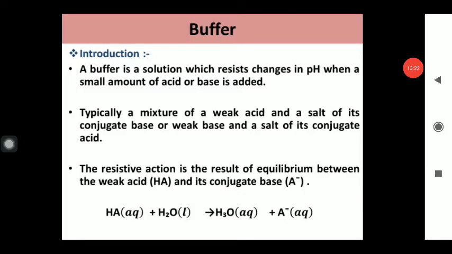In our blood the pH remains constant even when you add some quantity of water, or any salt or other compound. So any solution which always opposes changes in pH is known as a buffer solution. A buffer is a solution which resists changes in pH when a small amount of acid or base is added.